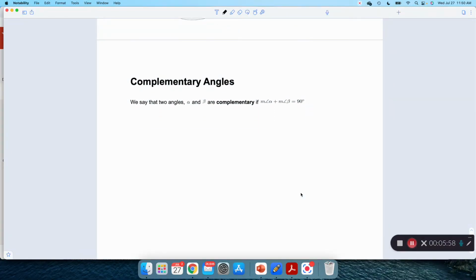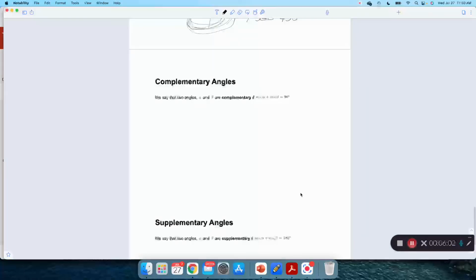Okay, and again, you may remember these terms from high school geometry: complementary and supplementary angles. We say two angles are complements of each other, or complementary angles, if they form a right angle. So maybe we have two angles, 20 degrees and 70 degrees.